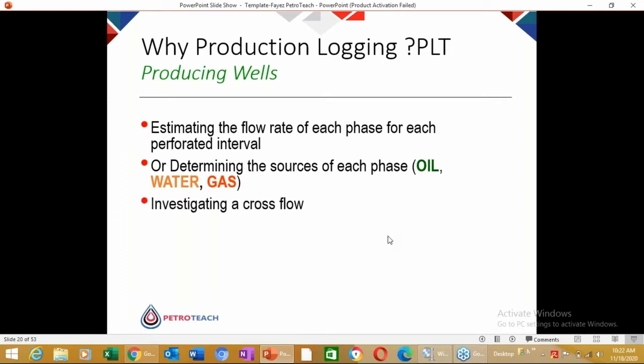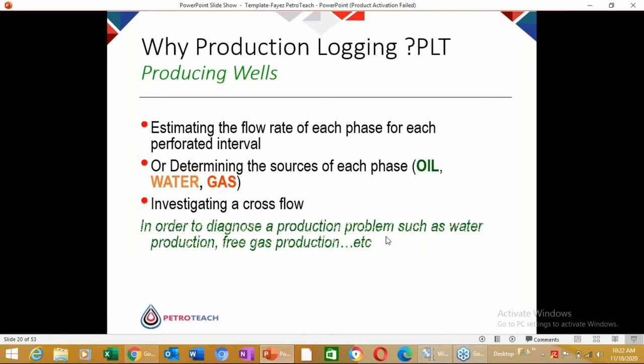It investigates crossflow in order to diagnose a production problem such as water production or free gas production.